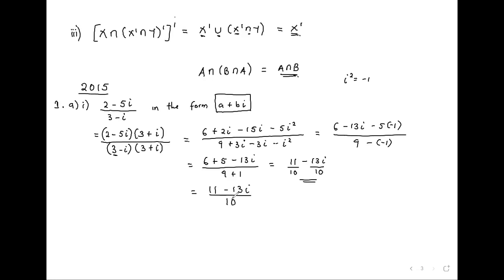But the question says, leave the answer in the form a plus bi, where one is able to see which one is the real part, which one is the imaginary part. The imaginary part is the coefficient of i. The real part is the one standing alone. Now you want to leave it in this form so that the marker should finish for you, right?